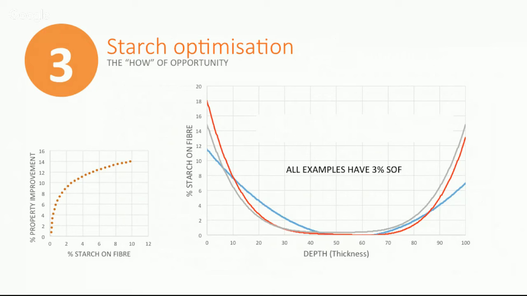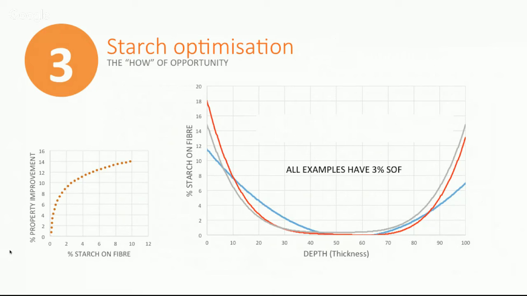All of them have 3% starch on fibre added to them in total. And along the bottom axis is the depth, the thickness. What we're doing is slightly modifying the shape of the profile. And we do that by optimizing the starch viscosities, nip pressures, and some of the sheet properties to make sure that we get the best arrangement, the best ingress of starch we can.